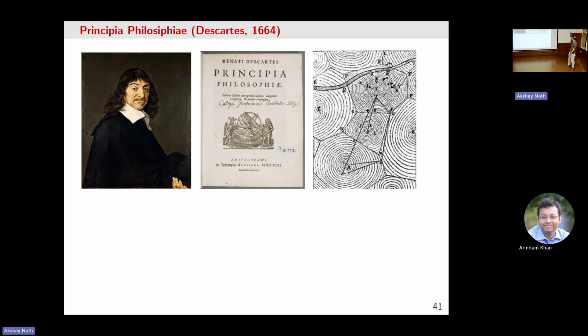It is a map of the sky. So here, this is supposed to be the sun. These points here are planets that revolve around the sun, and these are maybe other stars.